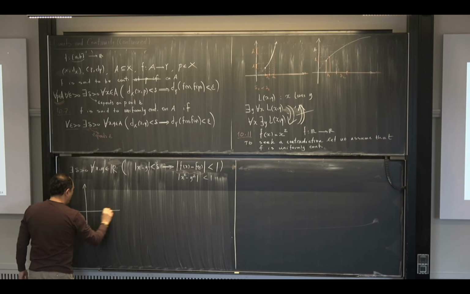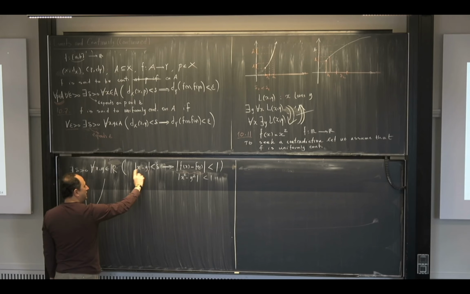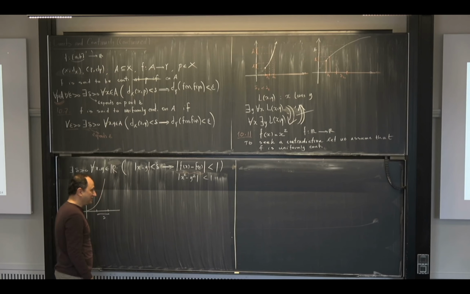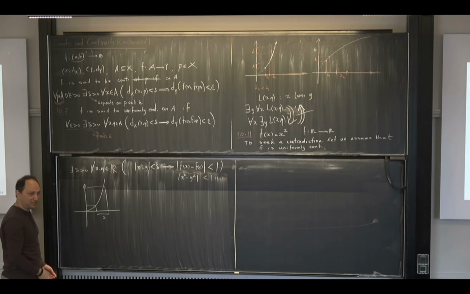So this is my function x squared, okay? And I know that x minus y is within the threshold of delta, okay? So let us say that this one is delta. I'm just thinking loudly. I want to arrive at a contradiction that the distance between these values is less than 1. It's very clear that it is nonsense, yes?